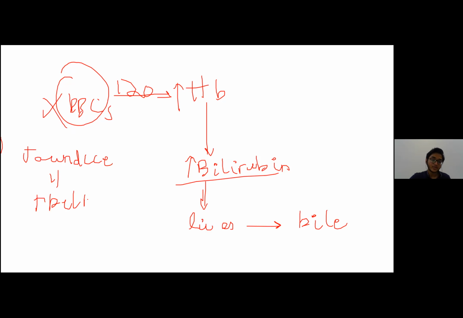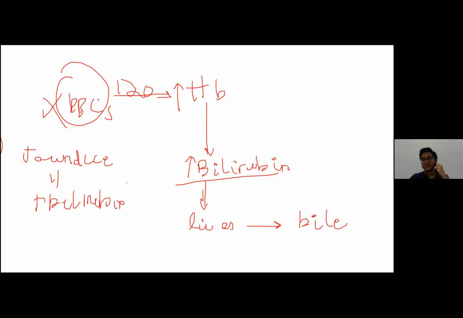Remember this concept, because in jaundice, what do you have? You have the eye becomes yellow, the skin becomes yellow, and you remember that bilirubin is yellow. So jaundice is because of high bilirubin. If you have increased breakup of RBCs, you have high hemoglobin. If you have high hemoglobin, you have high bilirubin. High bilirubin causes jaundice. That's one scenario.